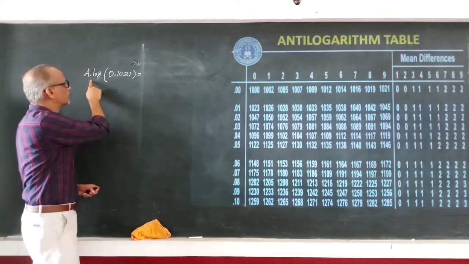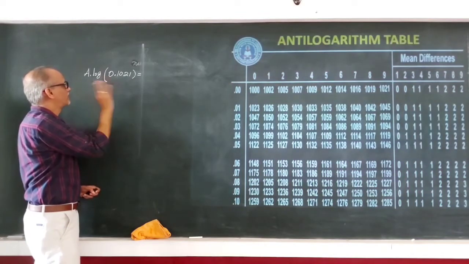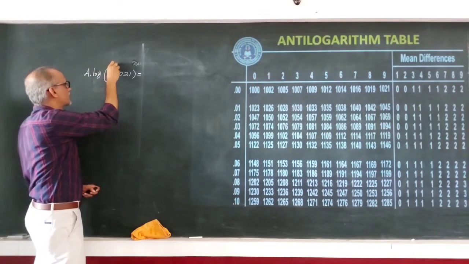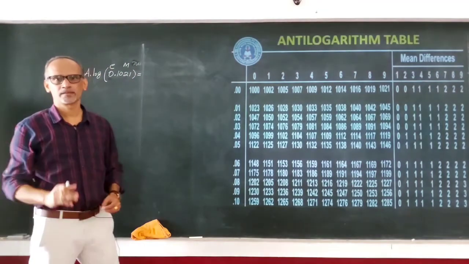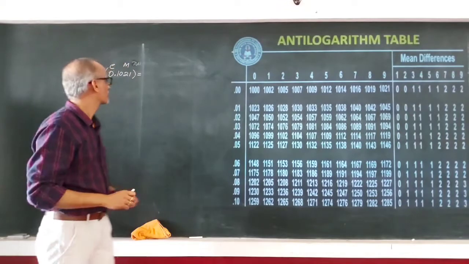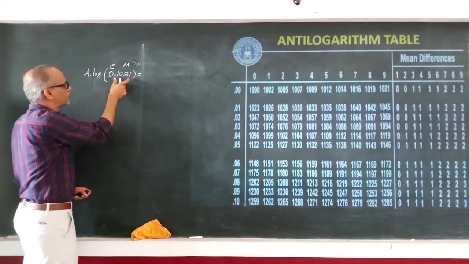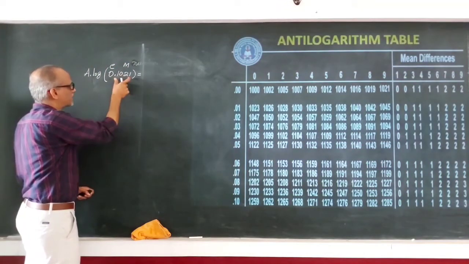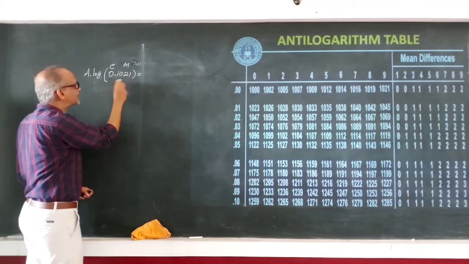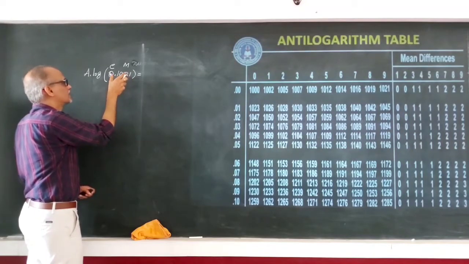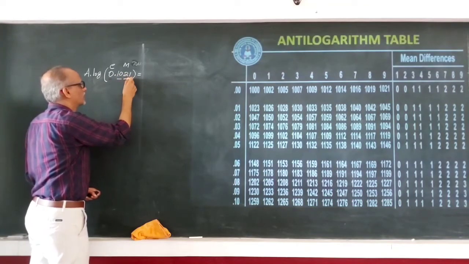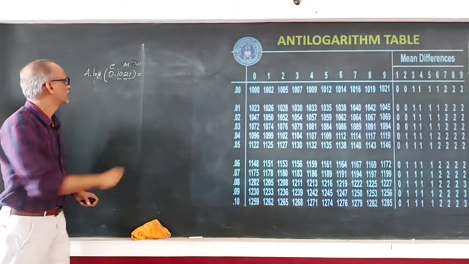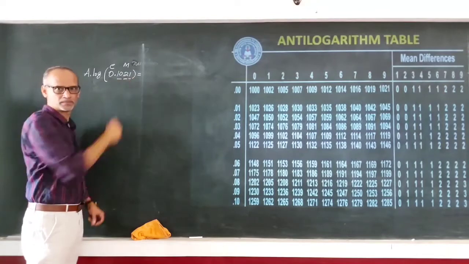To find the anti-logarithm of a number, first you leave aside the characteristic for the time being and take only the mantissa part, and split this mantissa into three parts. First 2 digits, and then 1, and then 1. So it is 0.10, 2, 1.